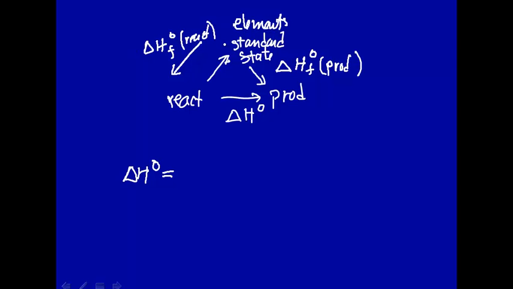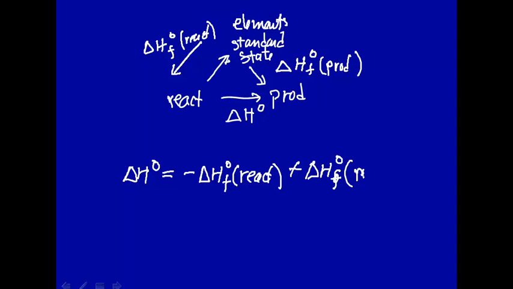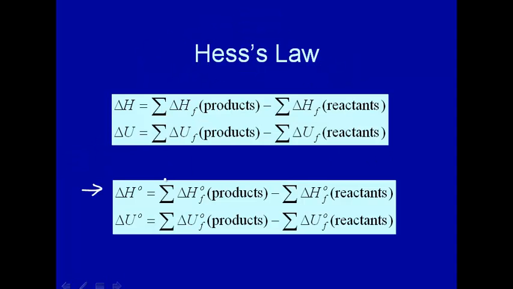Remember, when you reverse the direction of a reaction, you reverse the sign of delta H. So this will be minus the standard enthalpy of formation of the reactants, plus, going from there to there, the standard enthalpy of formation of the products. This is Hess's Law. Okay, so there it is, Hess's Law.